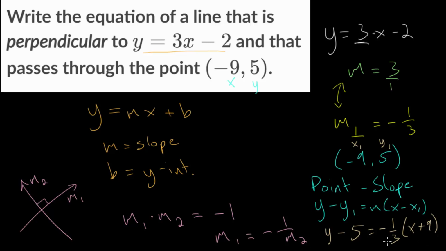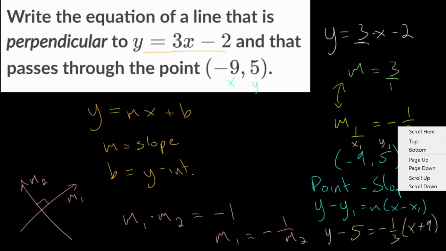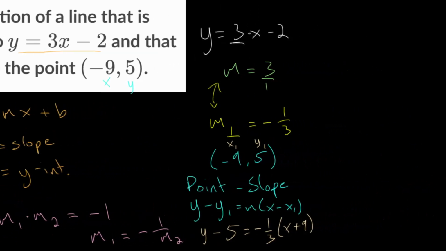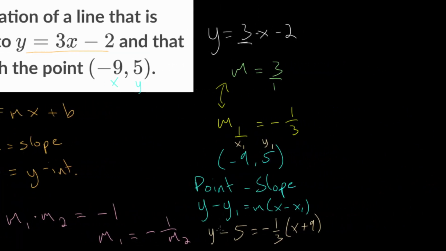This right here is technically the equation of the line that's perpendicular to this line, and it passes through this point. Now, if we want, we can also put it in slope-intercept form. We just need to solve this for y, so let's distribute the minus 1/3, and we can add 5 to the other side.